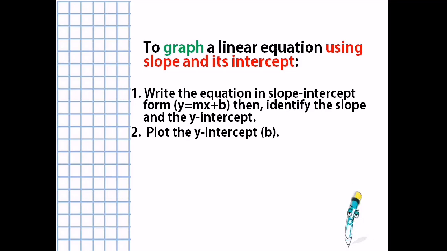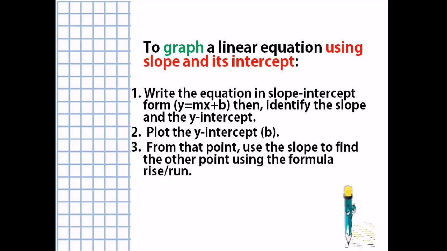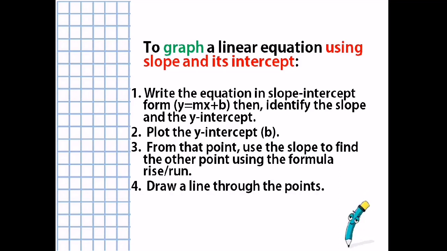Second, plot the y-intercept b. Third, from that point, use the slope to find the other point using the formula rise over run. Lastly, draw a line through the points.